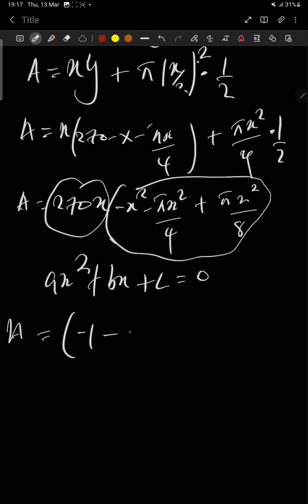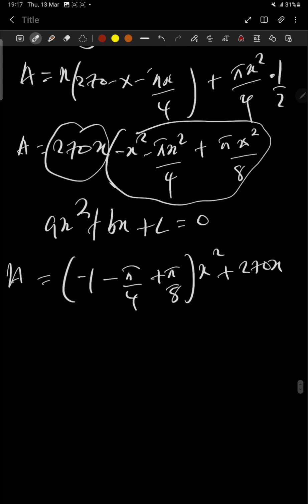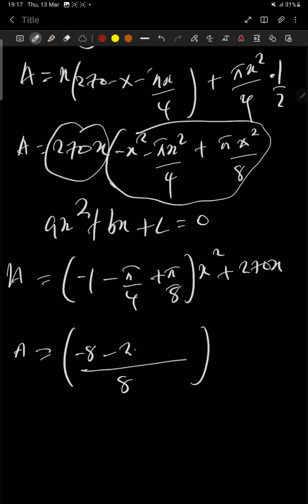If I factorize x squared from here, it would be minus pi over 4. If I factorize x squared here, it will be plus pi over 8, open bracket, then I'll put x squared outside, then plus 270x. Okay, so now I can make what is inside here a single fraction. So this is 8, so this will be negative 8 minus 2 pi plus pi, okay, x squared plus 270x.